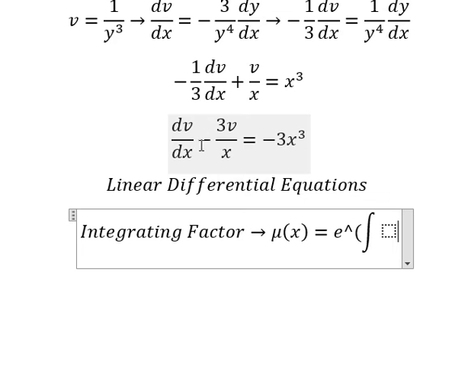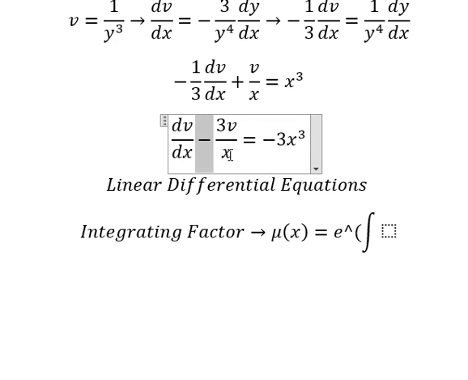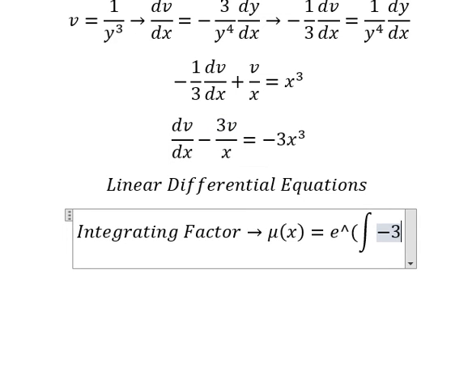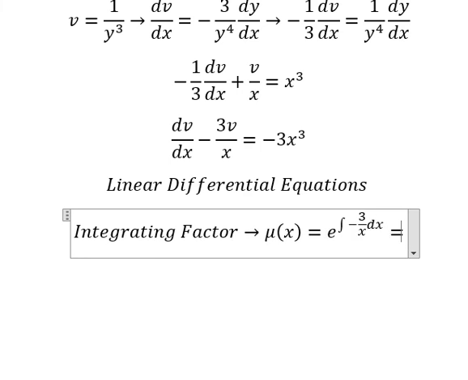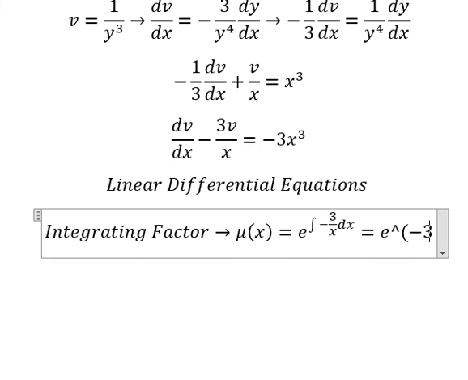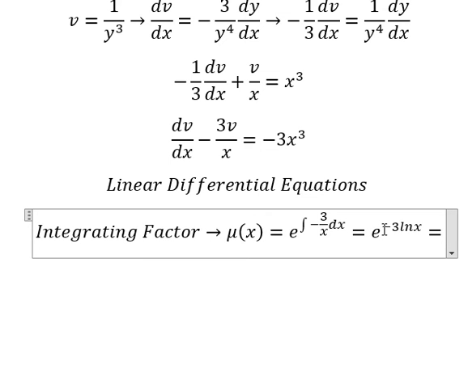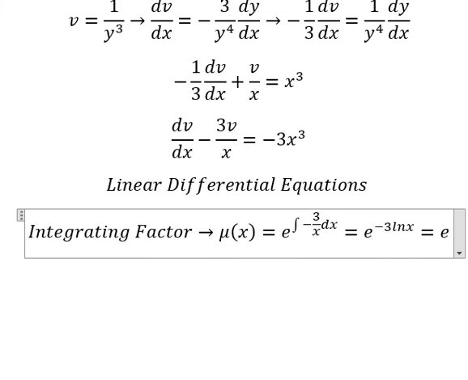So we can see that negative 3 over s next to v is for the integrating factor. And we have negative 3 ds over s. After that, the negative 3 goes inside the natural log here.